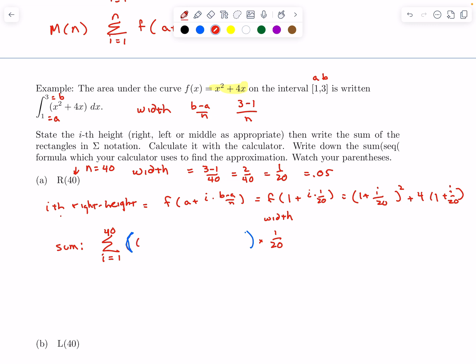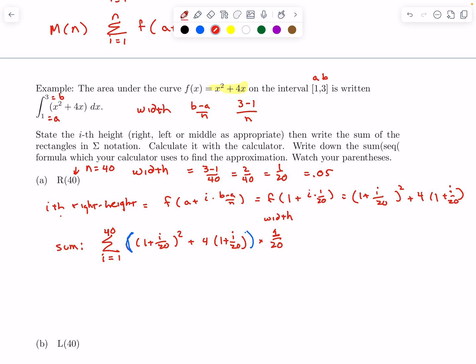Okay, so when you type it into the calculator, you have to be really, really careful. Make sure that, also, people put i's on the outside. That's a 1. It's not an i. The width is constant.